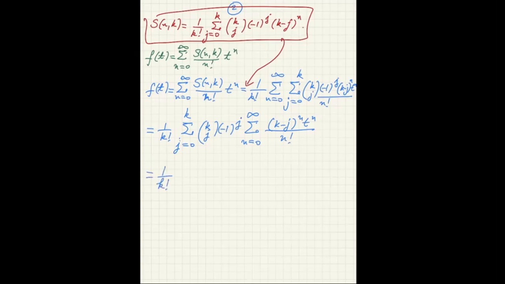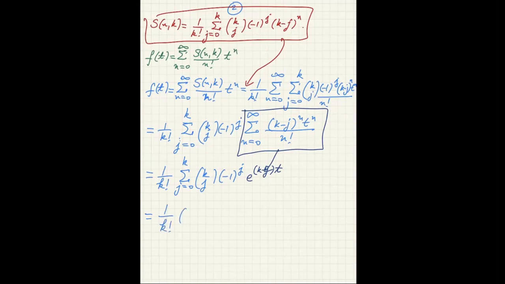The first part stays the same, but we can evaluate this inner sum. This inner sum gets replaced by e to the power (k minus j) t. And applying the binomial formula here, we will get the following result: 1 over k factorial times (e to the power t minus 1) to the power k.